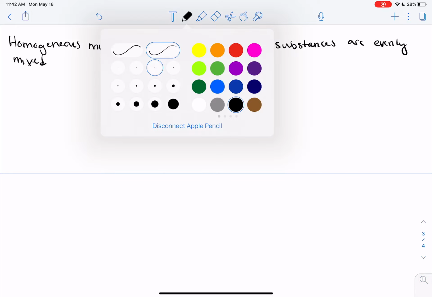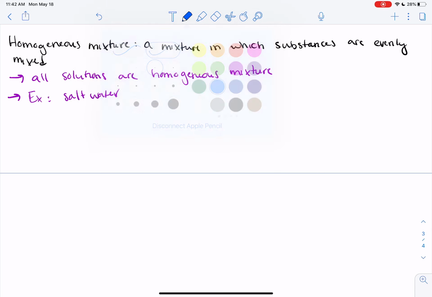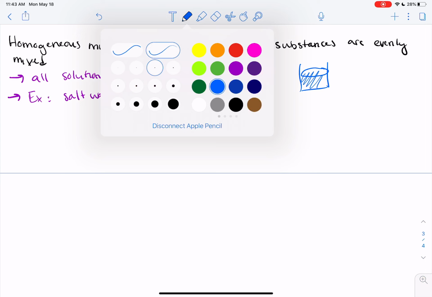Okay, so all solutions are homogeneous mixtures, because they are spread out very evenly throughout. So an example would be salt water. If you have salt water, you have your water, and the salt is all evenly spread out, and if you look at it, it just looks all even throughout. So that's a homogeneous mixture.